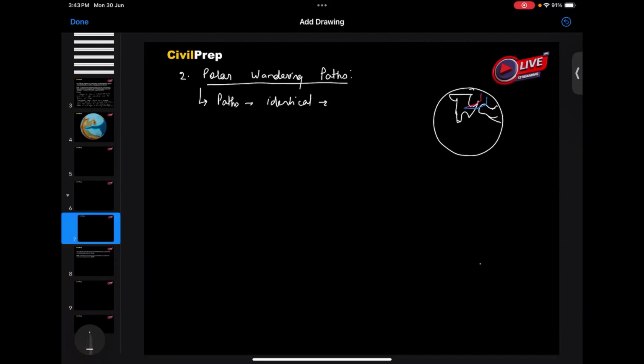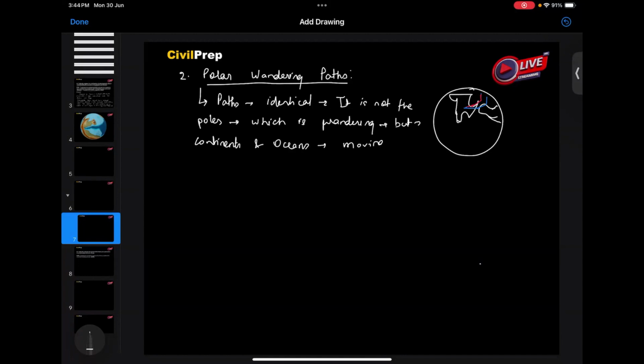So the conclusion was that it is not the poles which are wandering, but it is the continents and oceans which are moving. So this was provided by the polar wandering paths.